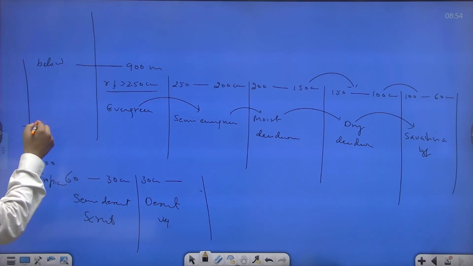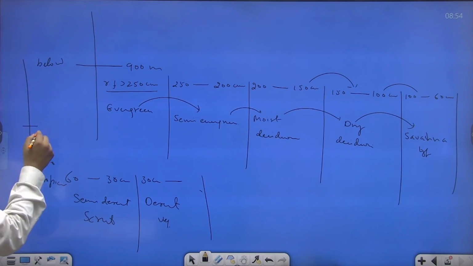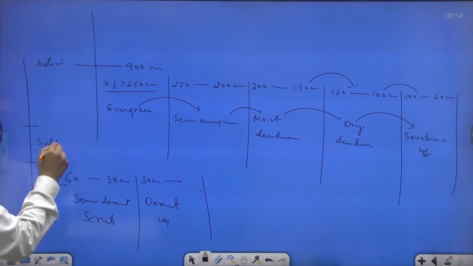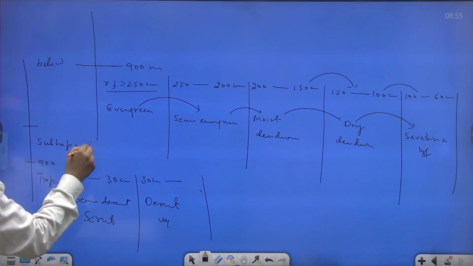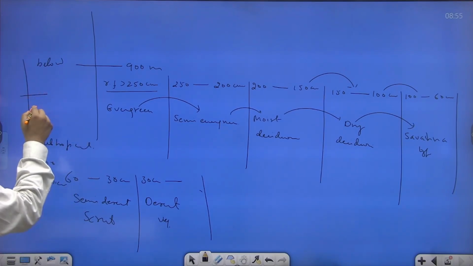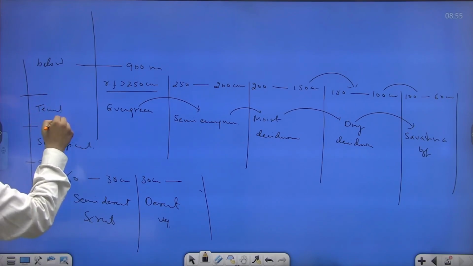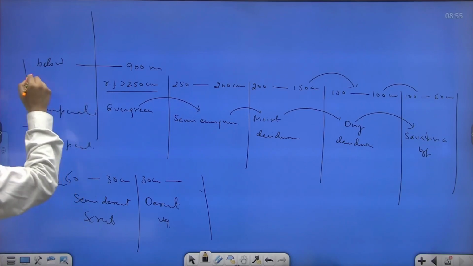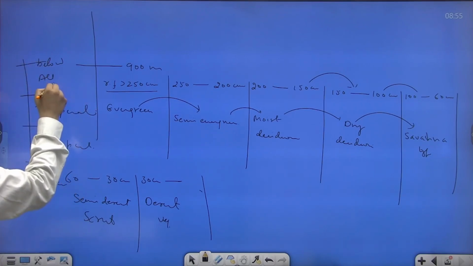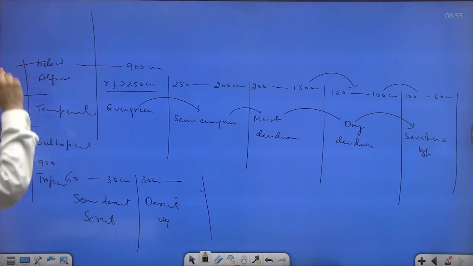Further above, up to 1500 to 1800 meters, we have subtropical vegetation. Further above, we have temperate vegetation. Further above, we have alpine vegetation, beyond which it is barren.